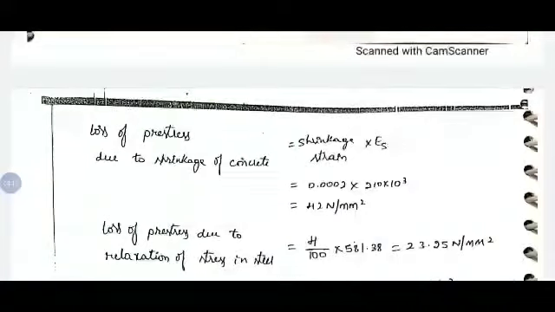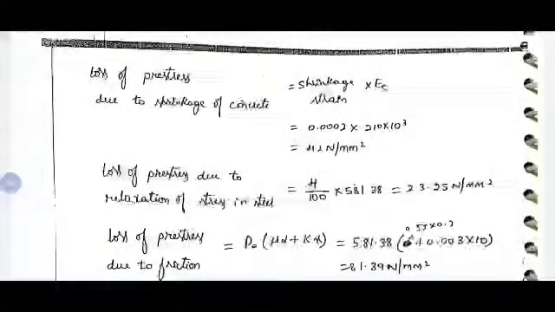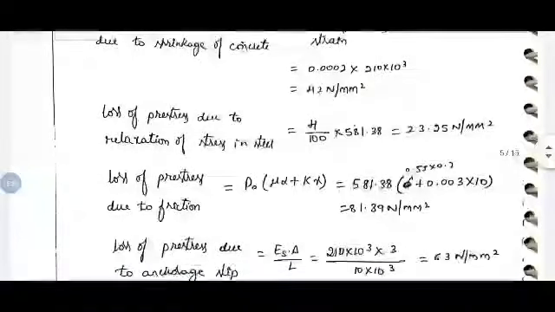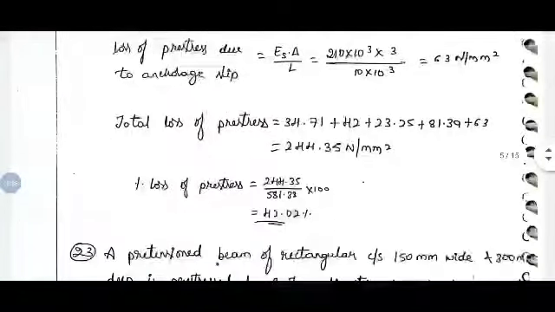Elastic shortening of concrete: since it is post tension, there is no loss due to elastic shortening. Loss due to shrinkage, then relaxation of stress, it is 4%. Here loss due to friction, you can take the difference also. Loss due to anchorage slip, so total loss and percentage loss.